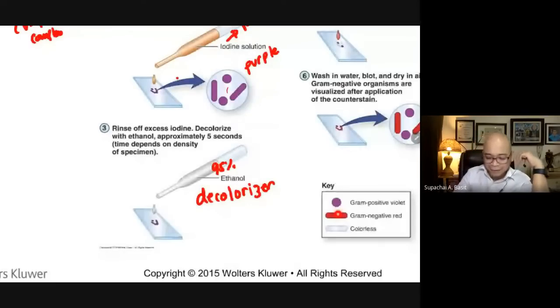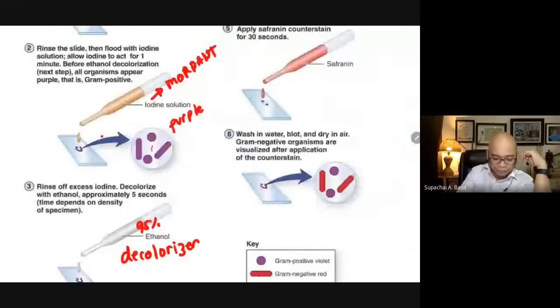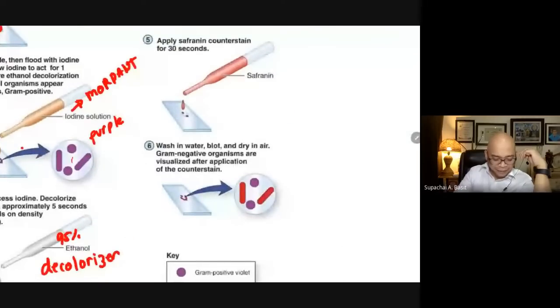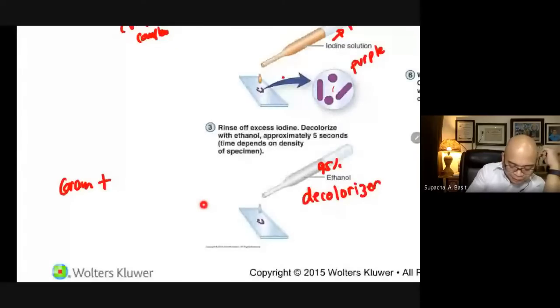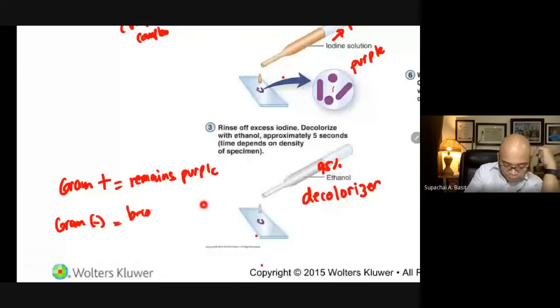So what will happen upon adding ethanol? Upon adding ethanol, gram-positive bacteria remain purple. Gram-negative bacteria become colorless.